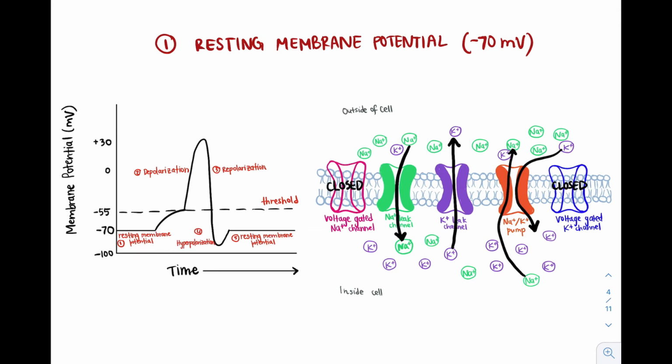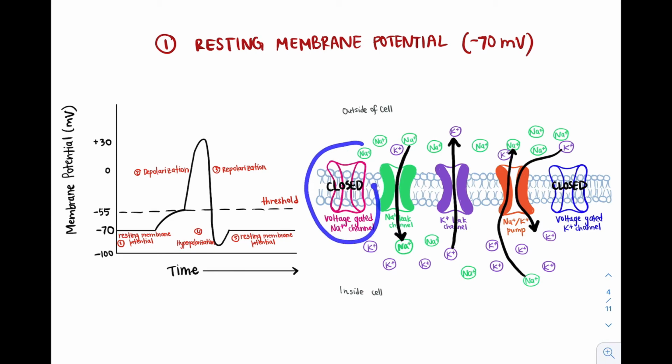So the pump is moving sodium out of the cell and potassium into the cell against their concentration gradients. We also have potassium leak channels moving K+ out of the cell down its gradient from high to low. And then we have a few sodium leak channels that are moving sodium into the cell, but very little.